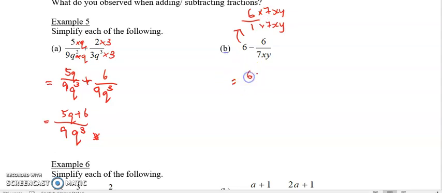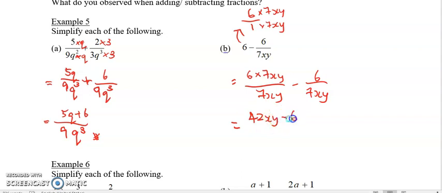So what I will get is 6 times 7xy over 7xy minus. We simplify, 6 times 7 is 42. This is our answer here.